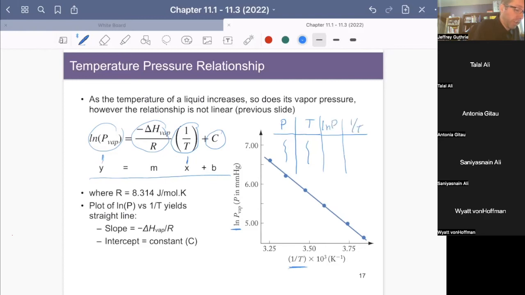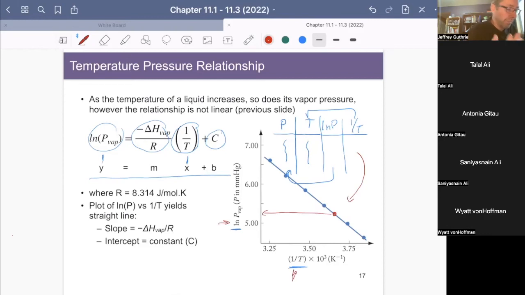So we take the natural log of this column, and then the inverse of temperature, to populate those two columns. And then from there, we plot this graph. Then we can use anywhere on this line to figure out, at whatever temperature, what the pressure is going to be. We just have to do the math, take the inverse of the pressure and the natural log of that.